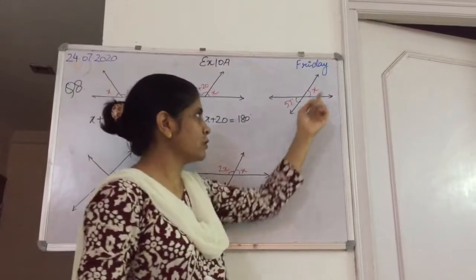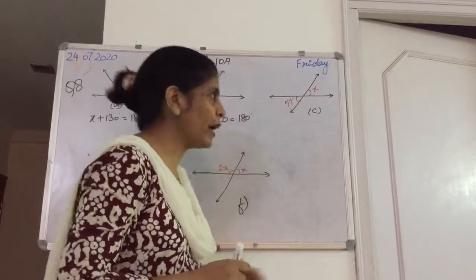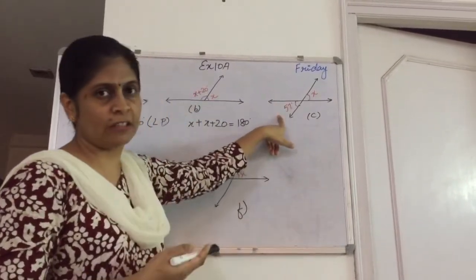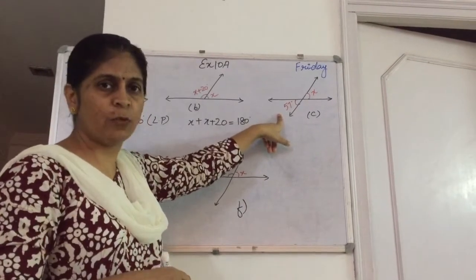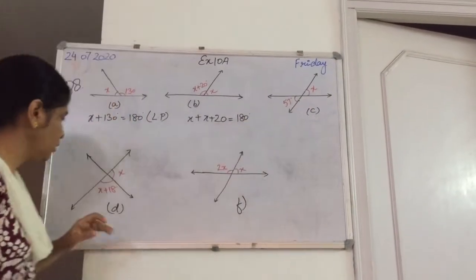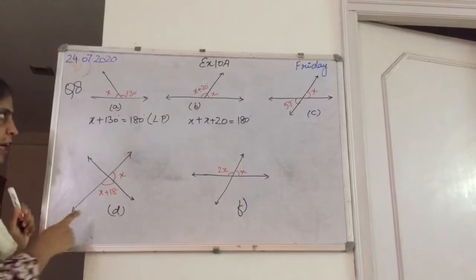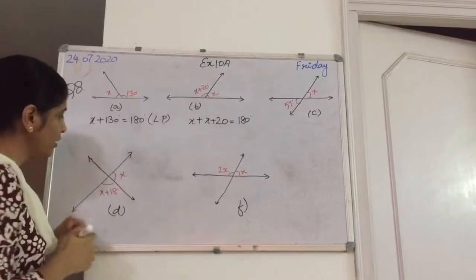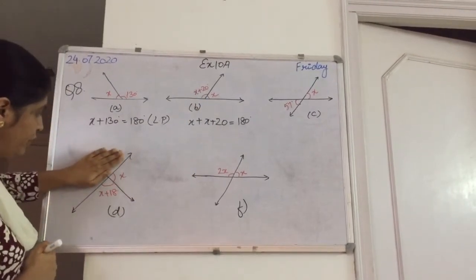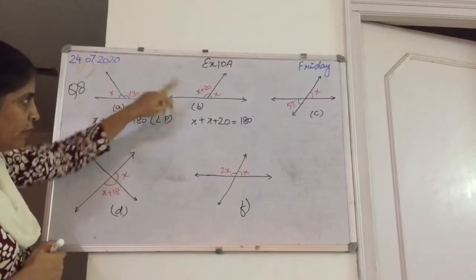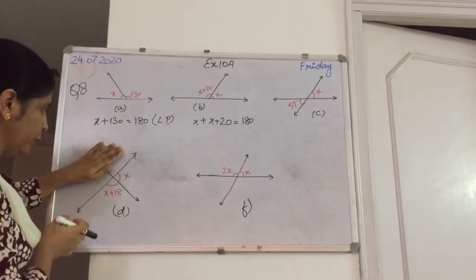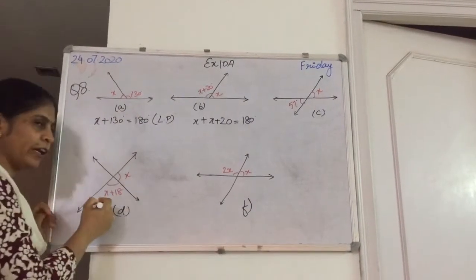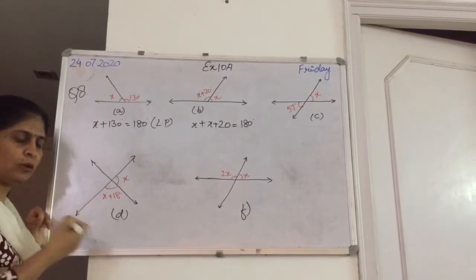Now in this case, opposite. So the X value will be 57, it is seen clearly, that is vertically opposite angles. Now in the D part, again it is the same as this, only the difference is that it is drawn tilted. If we hide this part, it will look like B. So when you add up these two, the sum will be 180.